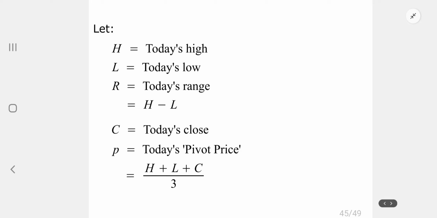Let H equal today's high. Let L equal today's low. Let R equal today's range, which equals H minus L. Let C equal today's close. And let P equal today's pivot price, which equals H plus L plus C, all divided by 3.